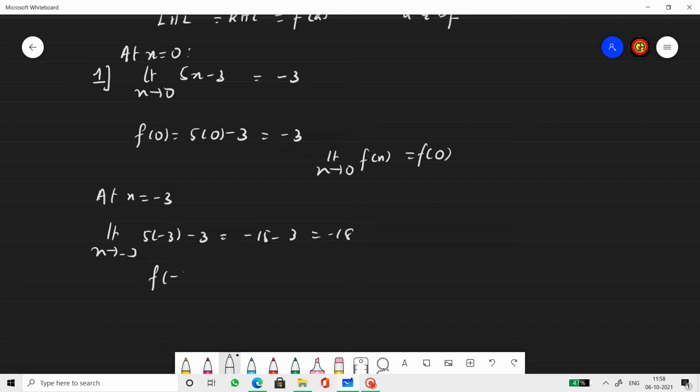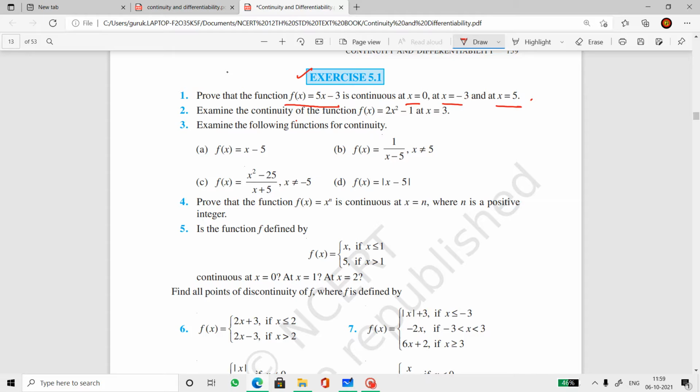And f of minus 3 will be the same thing, 5 into minus 3 minus 3, which is minus 18. So limit x tends to minus 3, f of x is equal to f of minus 3. So this is how we do the next case also. Maybe the time doesn't permit me to do all the sums, so I'm going to pick only one value. So that is how we do the first question.